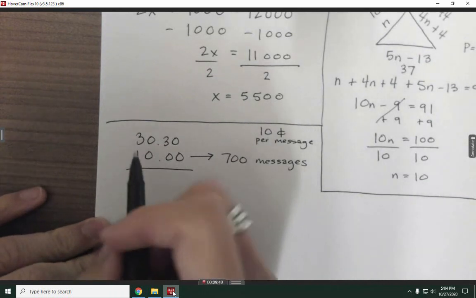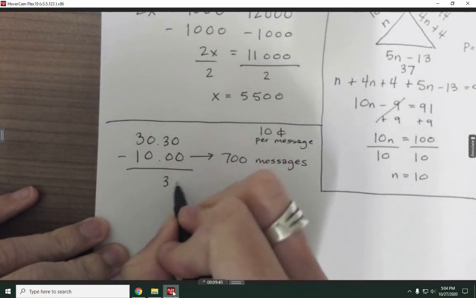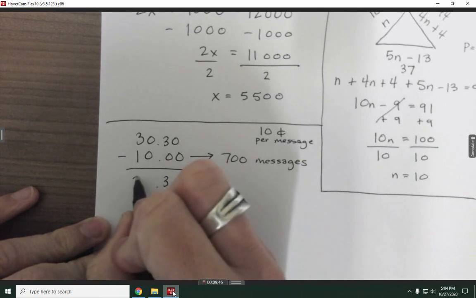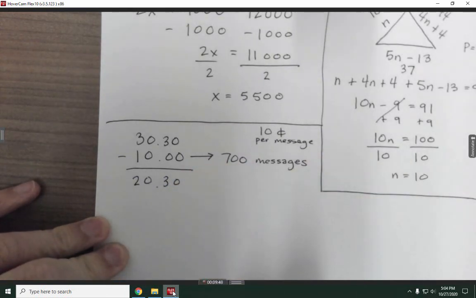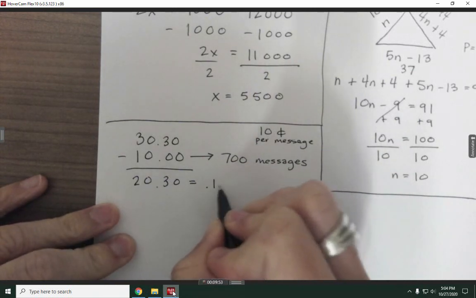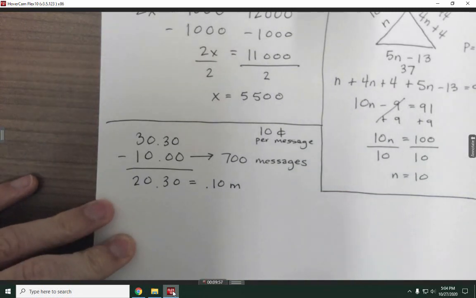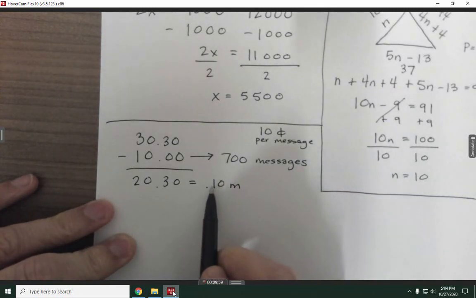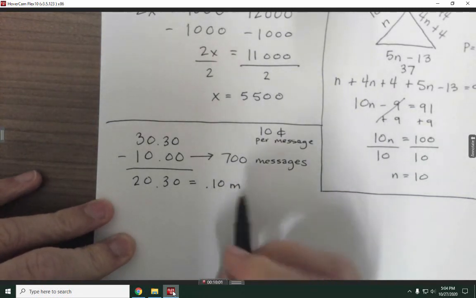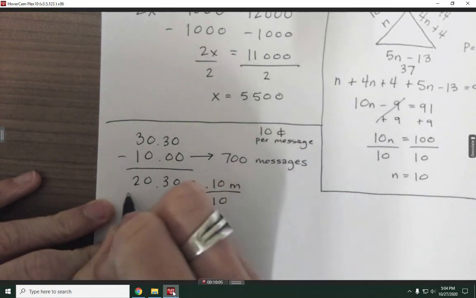Okay, so let's do the subtraction on this. So we subtract this and find that it is 20.30, right? And so this is going to be equal to how much she spent per 10 cents message, right? And so she's getting charged 10 cents per message. This is how many messages she sent. So we're just going to divide this both by 20.